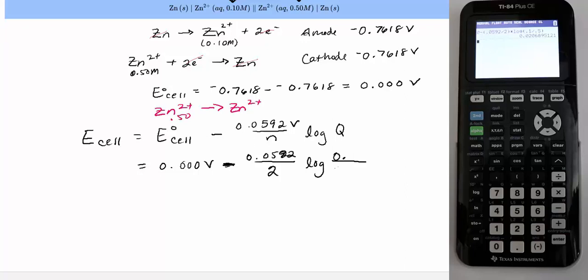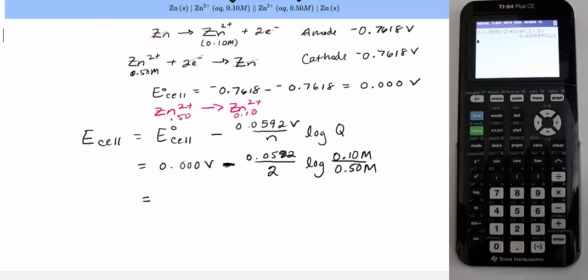Therefore, for products over reactants, our product has a concentration of 0.10 molar, and our reactants have 0.50 molar.